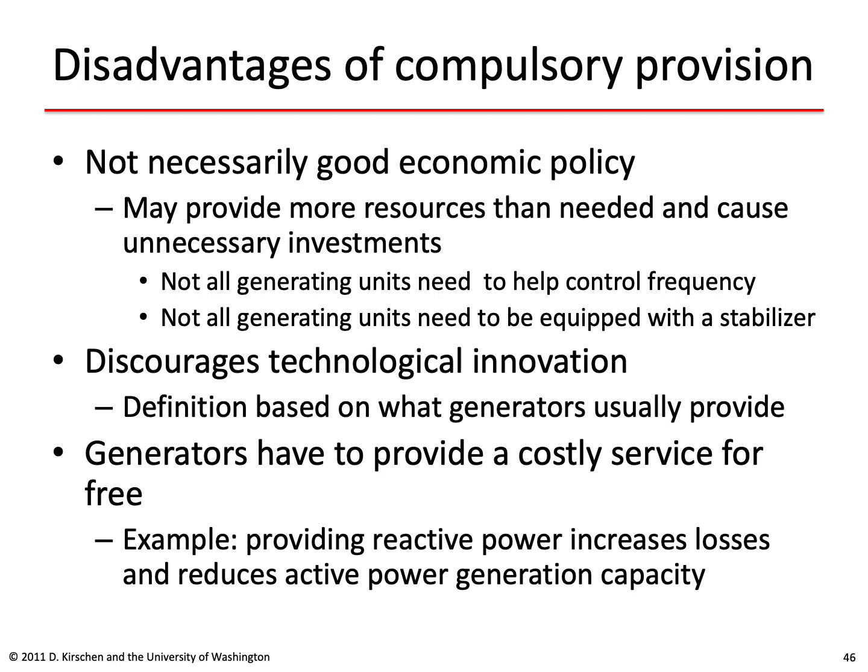It also discourages technological innovation because the definitions are probably going to be based on what the generators usually provide. And some generators may have to provide a costly service for free. For example, generators will complain that providing reactive power increases losses and reduces the active power generation capacity of their generating units.